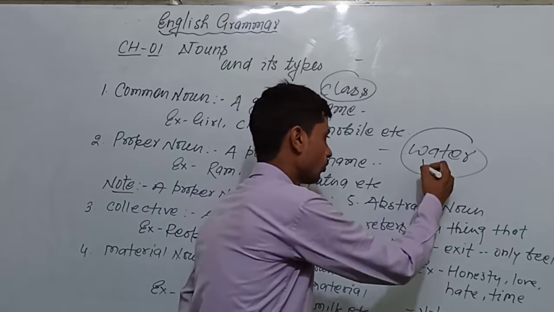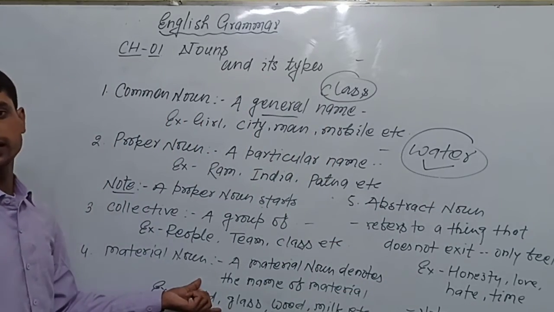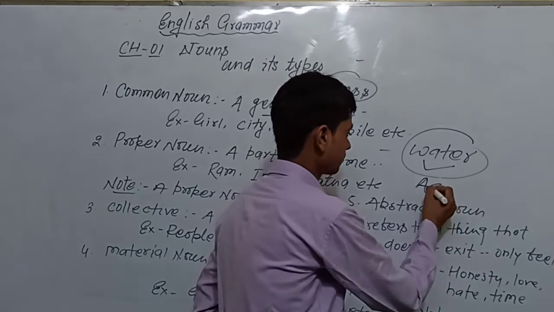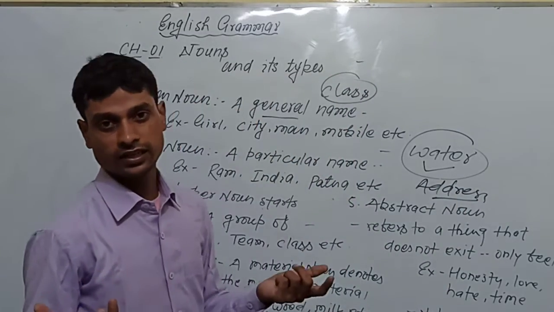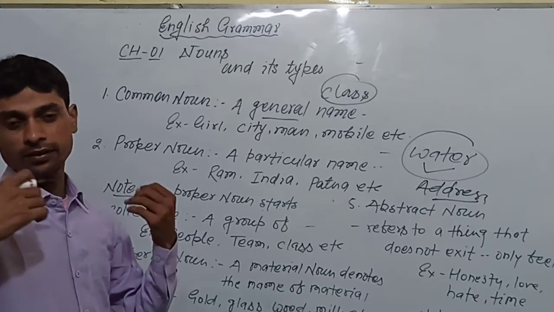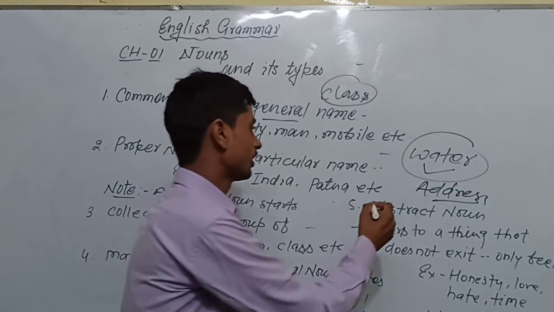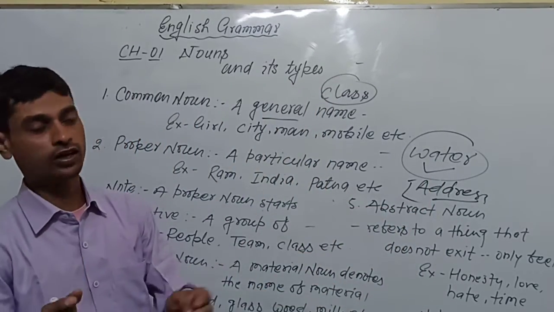It means here water is a verb, but water अभी just हम एग्जांपल में पढ़ेंगे water क्या है, यह noun भी है. Suppose address is पता, address is a noun, but someone who says I am going to address him, मैं उसको पता लगाने जा रहा हूँ. So address is used as noun also and verb also.